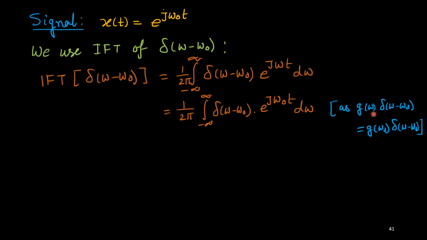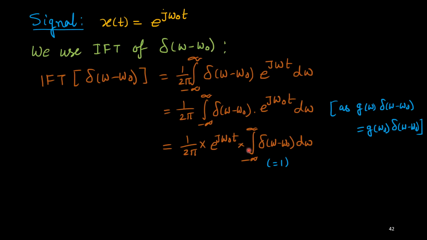So g(omega) times delta(omega minus omega naught) we can rewrite as g(omega naught) times delta(omega minus omega naught). That we will do here. Here this omega is replaced by omega naught. Now as omega is replaced by omega naught, this is independent of the continuous variable omega, so I can take this outside.